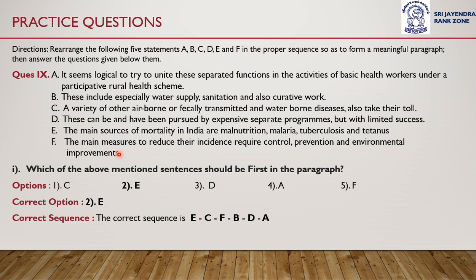The main sources of mortality in India are malnutrition, malaria, tuberculosis, and tetanus. A variety of other airborne or fecally transmitted and waterborne diseases also take their toll. The main measures to reduce their incidence require control, prevention, and environmental improvement.